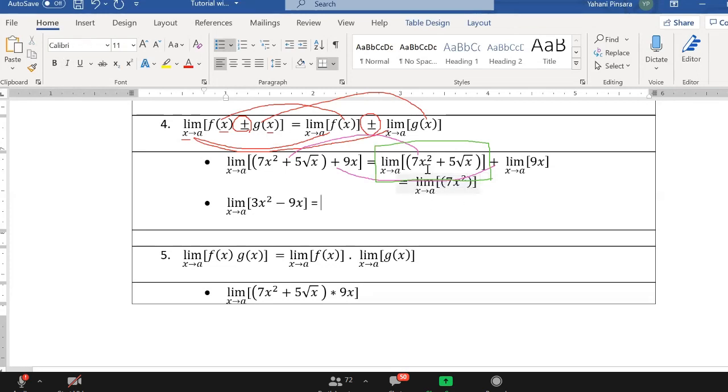Okay, you have to take this 7 next to the power 2 here, and then you have to take this plus here. That means you have to take this plus here, and you have to take this 5 root x here, right?